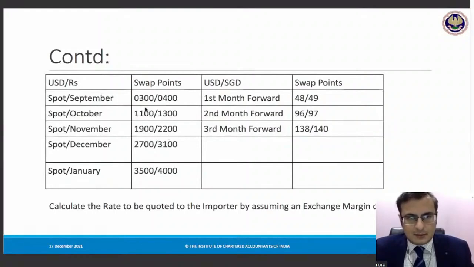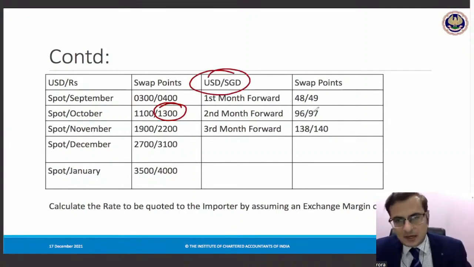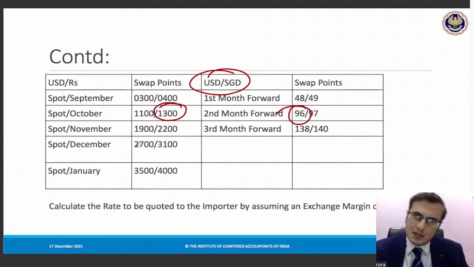There we have taken the ask, so here also the premium will be on the ask. There we have taken the bid in this case, so here also we will take the bids. These are all premiums and it's a direct quote, so we are adding them. With practice, you will understand for sure. Okay. Clear, guys?